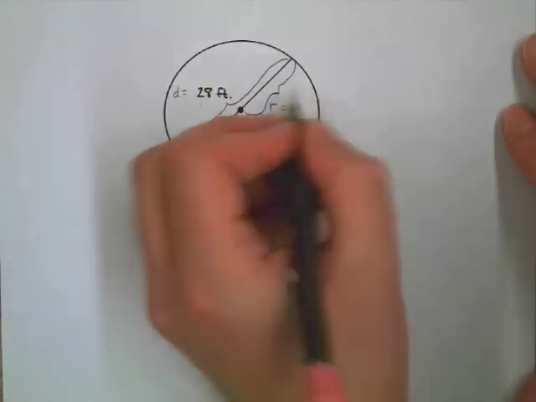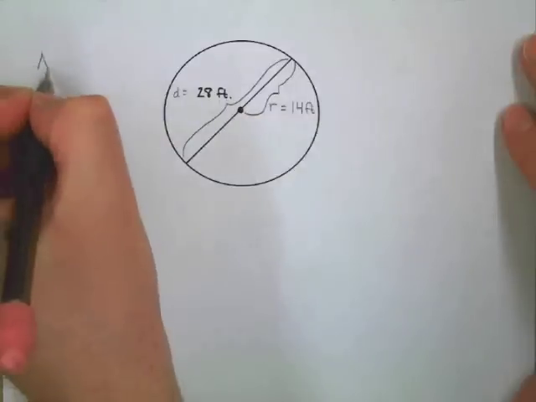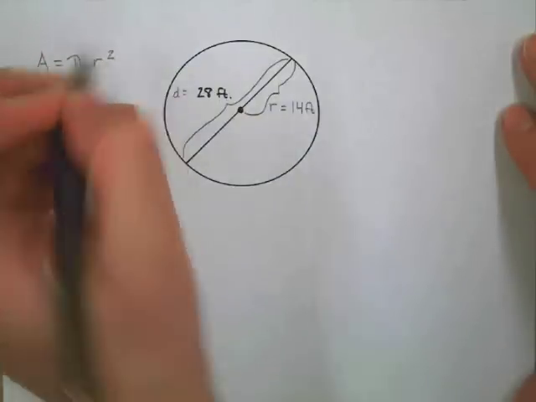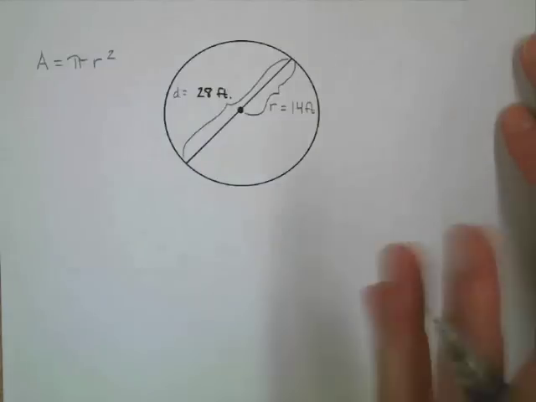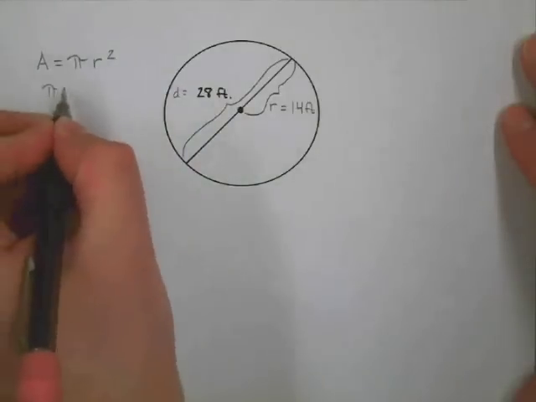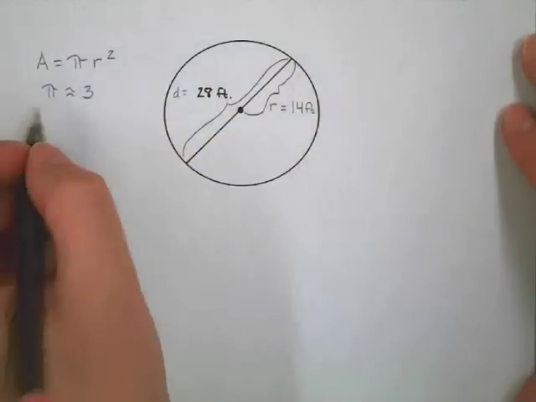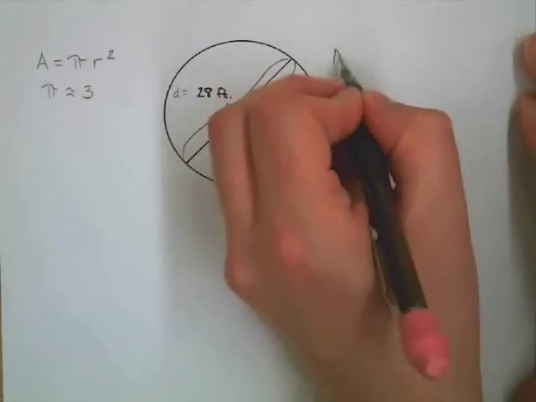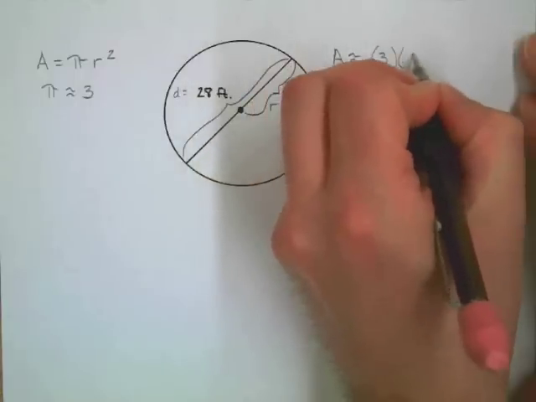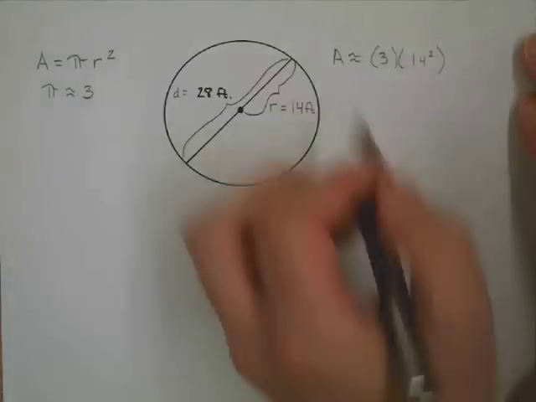Half of 28 is 14 feet. So area of a circle is equal to pi times the radius squared. And again, I just want an estimate here, so I'm going to again think of pi as about 3. 14 is a pretty good number to work with, so we can say that area is about 3 times 14 to the second power, or 14 squared.